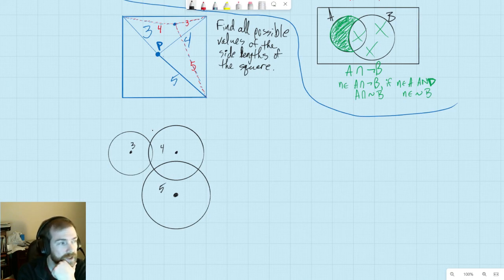All right, so what we don't know is how far it is between any two centers, except we have bounds. So, for instance, if our 3 and 4 are going to be along one straight line, then this has to be less than or potentially equal to 7.